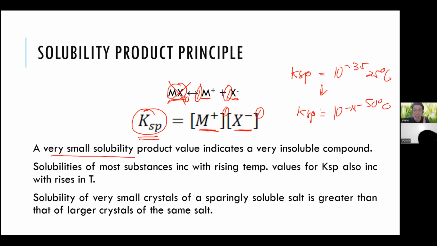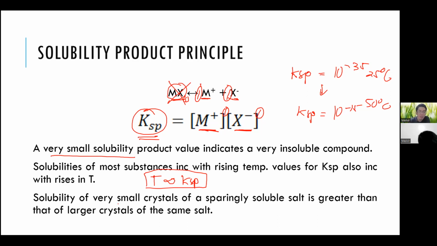So at 50 degrees Celsius, it dissolves more. Please note that Ksp increases together with temperature, so temperature is directly proportional to Ksp. Remember that, Josh, because there are simple questions like: among the following, at 50 degrees Celsius, which one will be soluble in water? Or what happens to Ksp with increasing temperature? The higher the temperature, the higher the Ksp. That's it. Okay?